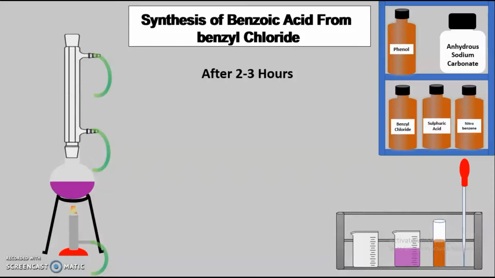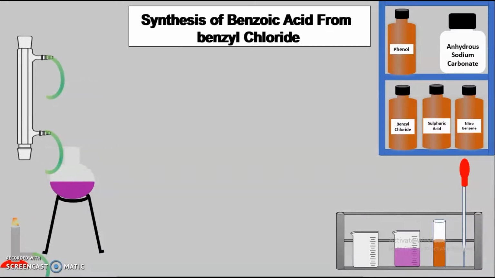Once 2 to 3 hours of reaction have happened, whatever potassium permanganate color is there will vanish. All potassium permanganate will be converted into the manganese oxide. At that time, we have to stop the reaction, that is, we have to remove the burner. So here after 2 to 3 hours, we are going to remove this burner, remove this reflux condenser.